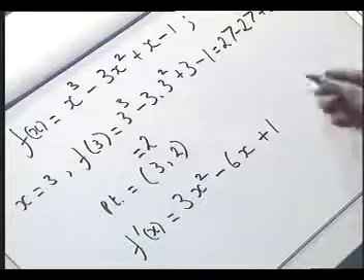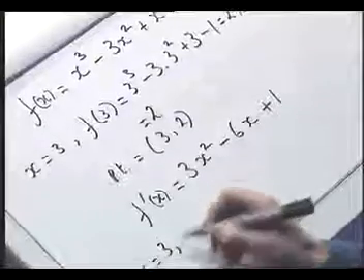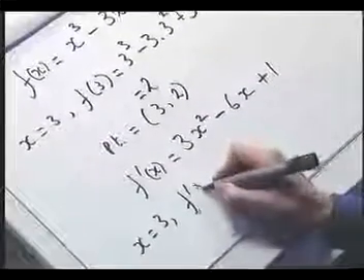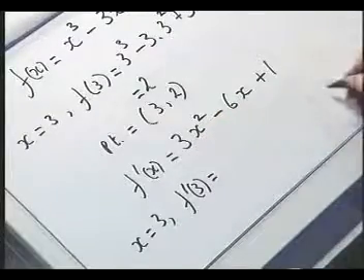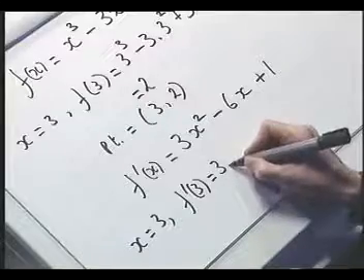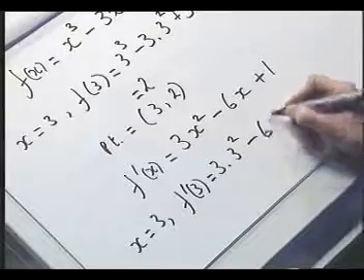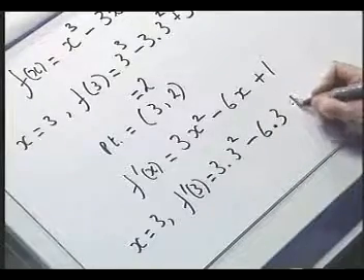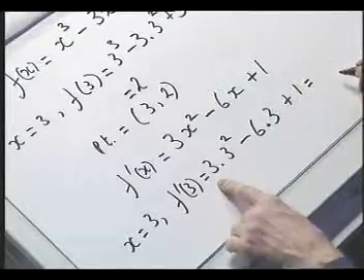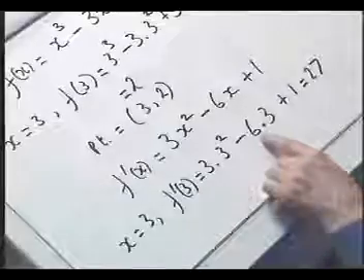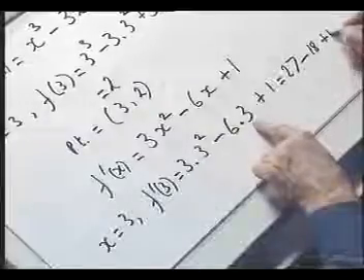We need the gradient when x is equal to 3, so we can take that value x equals 3 and substitute it into our expression for the gradient. And so we have 3 times 3 squared minus 6 times 3 plus 1. 3 squared is 9, and 3 nines are 27. Minus 6 times 3 is minus 18 plus 1.